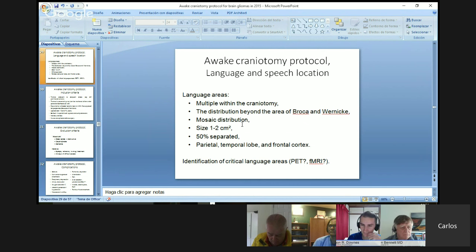The distribution beyond the areas of Broca and Wernicke is in many cases a mosaic distribution. The size of these language areas is 1 or 2 square centimeters. In the first 50% they are separated. They are localized in the parietal, temporal, and frontal cortex. In many cases, before the surgery, we can identify the critical language areas with PET or with functional MRI.